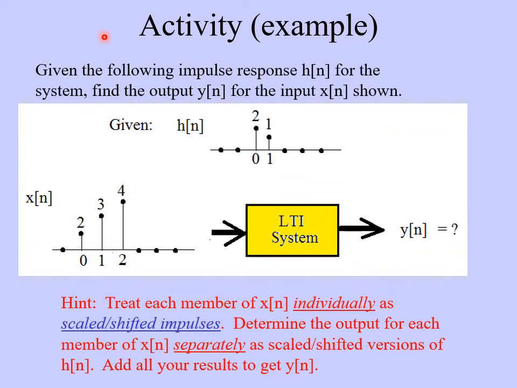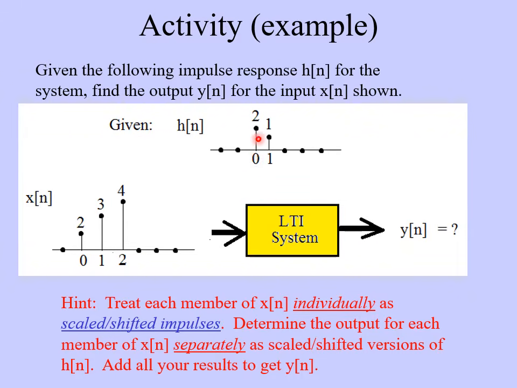So let's go ahead and do an activity or example to help test your comprehension of applying these ideas of linearity and time invariance. Let's suppose that you're given the following impulse response, h of n, right here. It's a pretty simple impulse response.